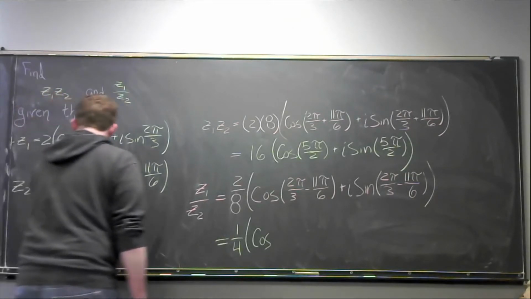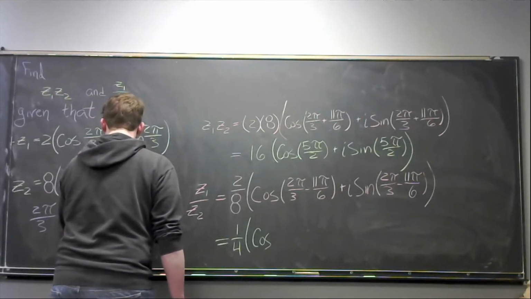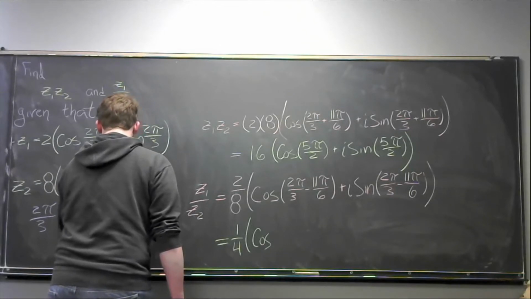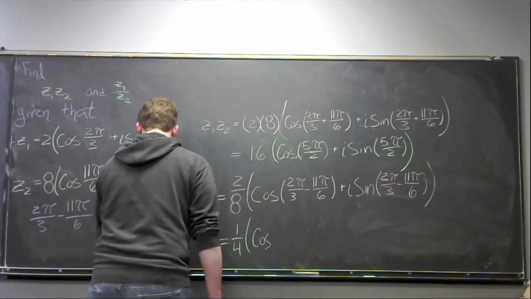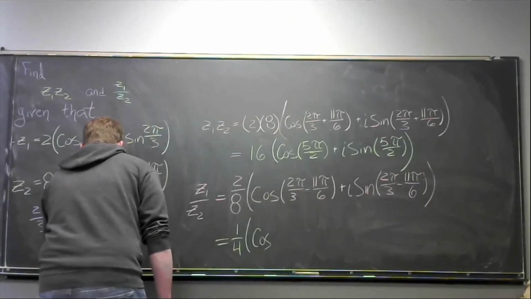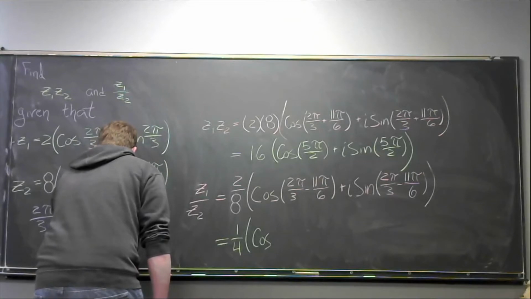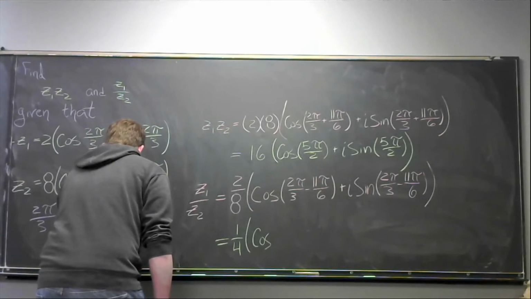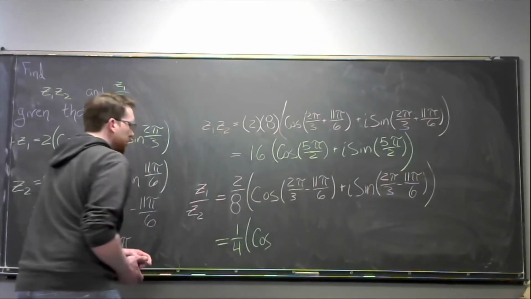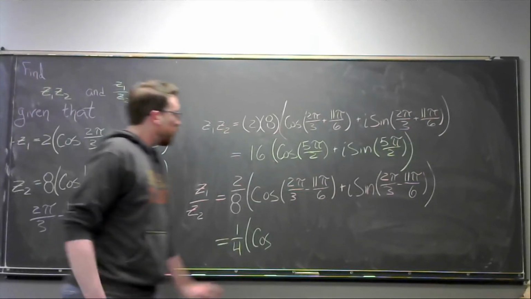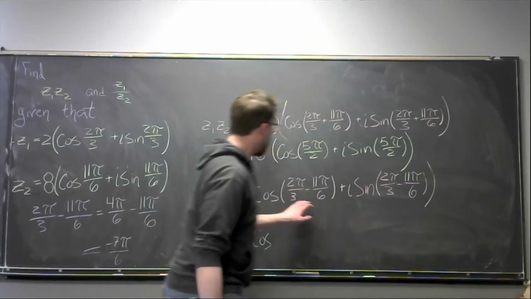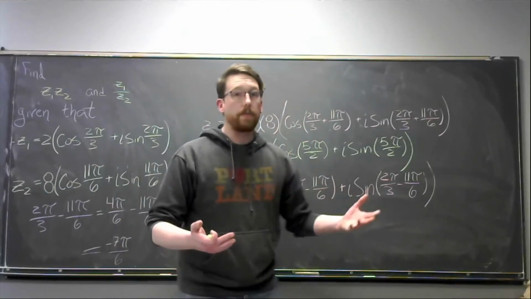This is going to be equal to 4 pi over 6 minus 11 pi over 6, which is equal to negative 7 pi over 6. So both of these, their interiors become negative 7 pi over 6.